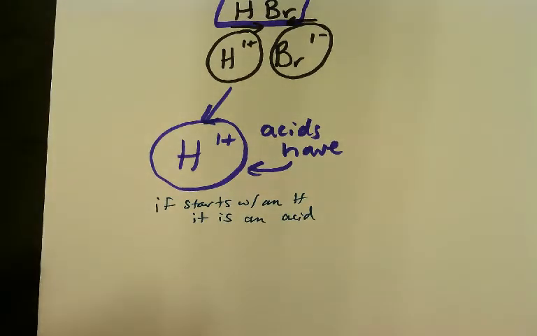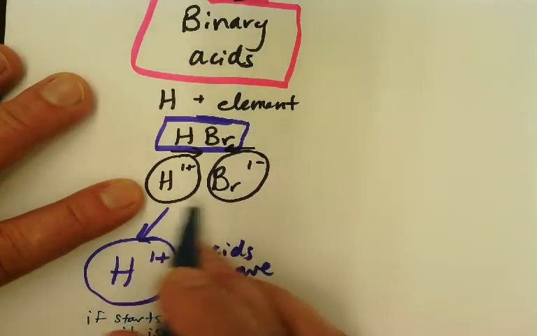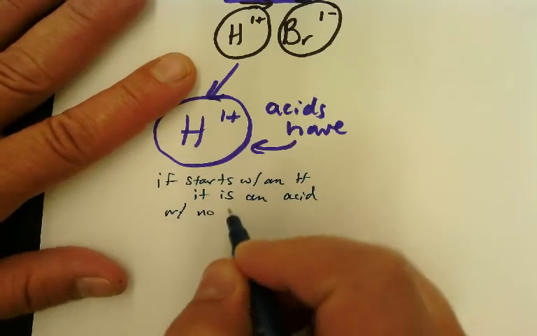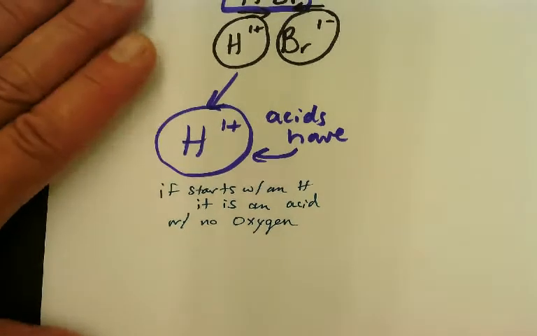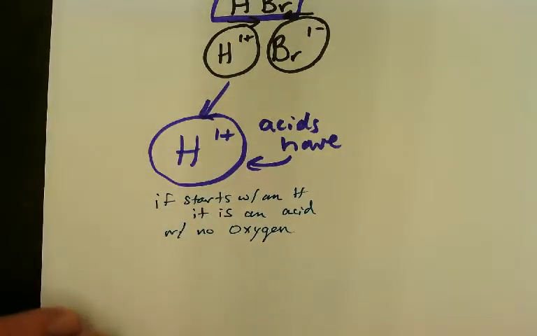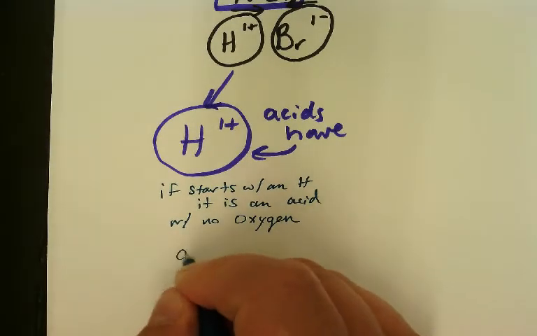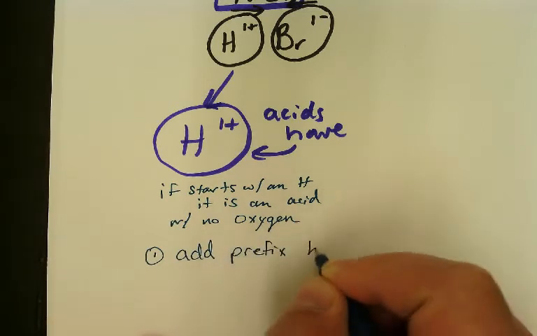Okay, now if it's an acid, we have to name it in a special way. Now notice this one right here doesn't have any oxygen. So if it's an acid with no oxygen, then here is the rule that I'm going to follow to name it. I'm going to add the prefix hydro.